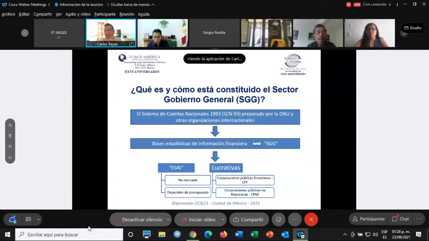The national account system of 1993, prepared by the UN and other organizations, defines that the government sector is made up of regional, central, and local governments, plus social security funds for each government, and non-profit institutions which are controlled by these government units.